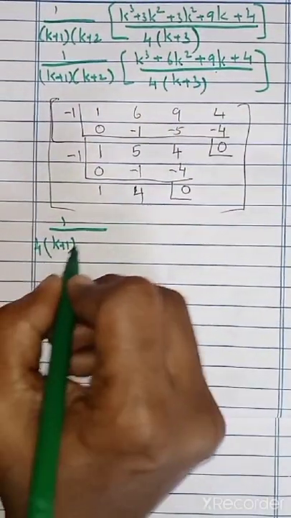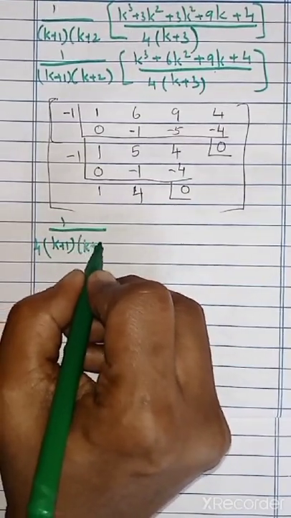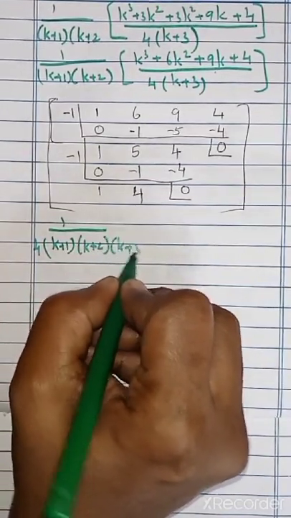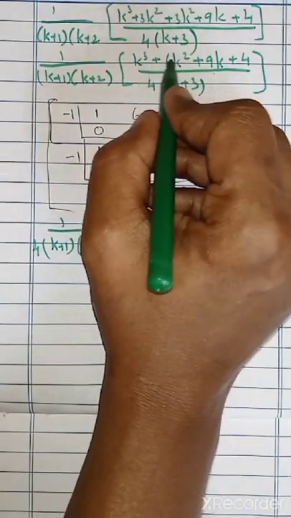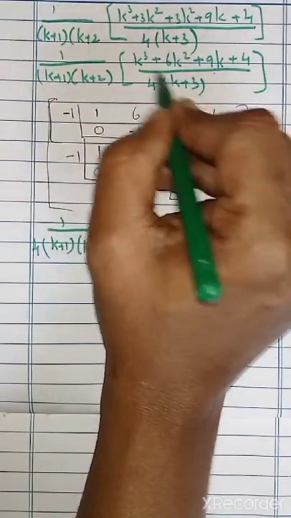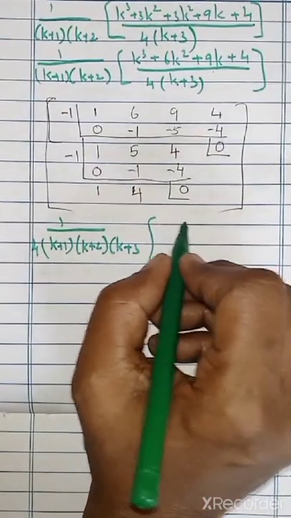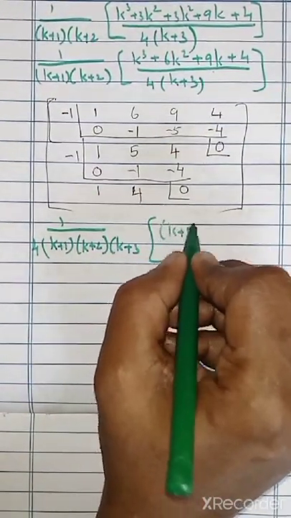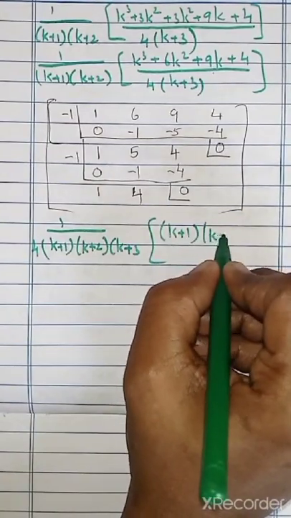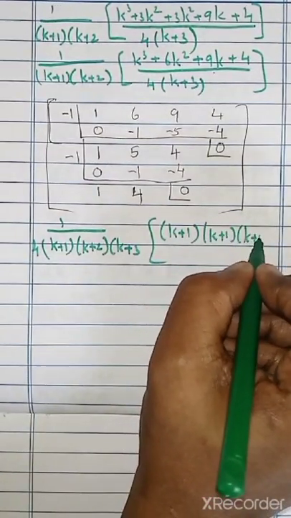So 4 into (k plus 1)(k plus 2)(k plus 3). Now, instead of this numerator, because we combine the denominator, what we can write is (k plus 1)(k plus 1)(k plus 4).